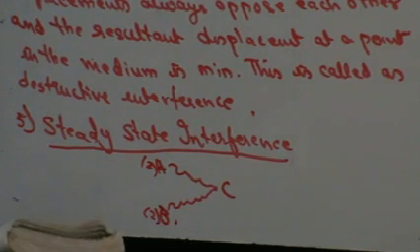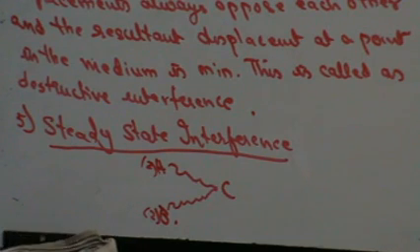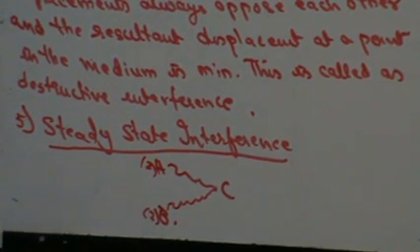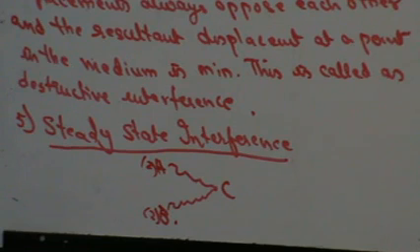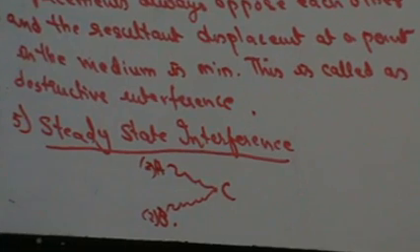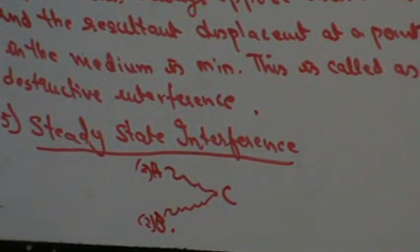Okay. Now, do we understand what is steady state interference? I want either maximum displacement or minimum displacement. Question: how do I produce such an interference pattern? There are certain conditions that have to be fulfilled to produce a steady state interference pattern.